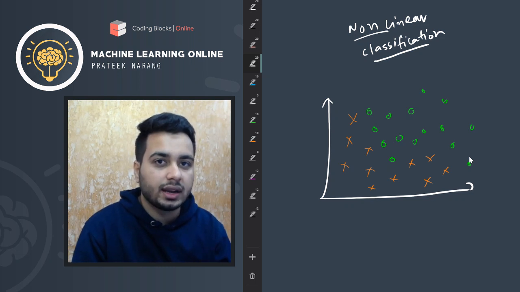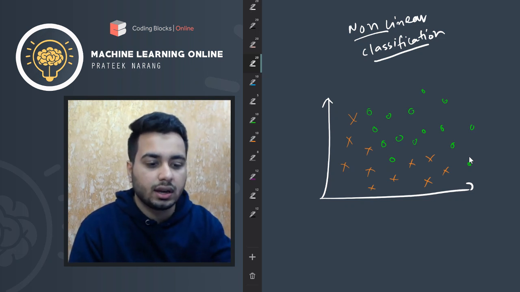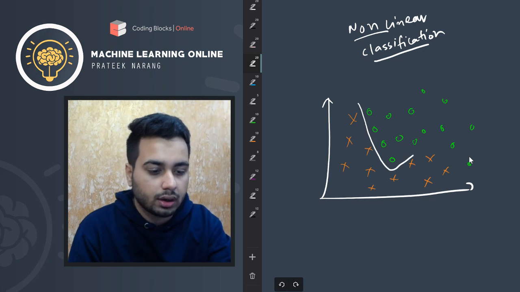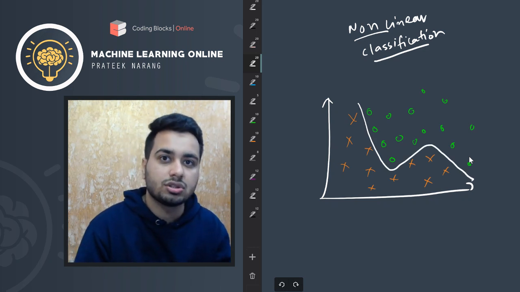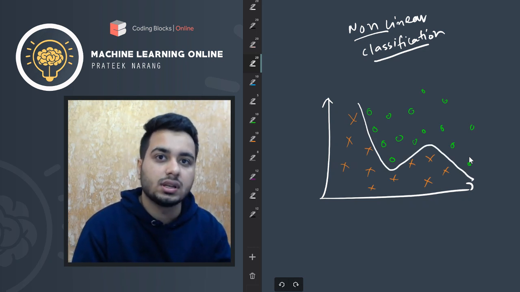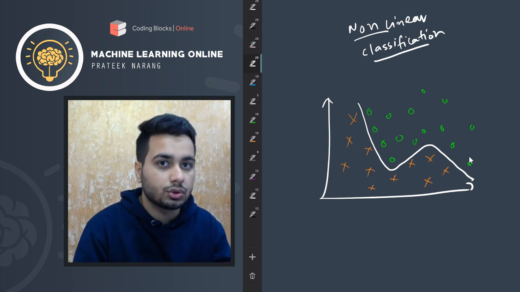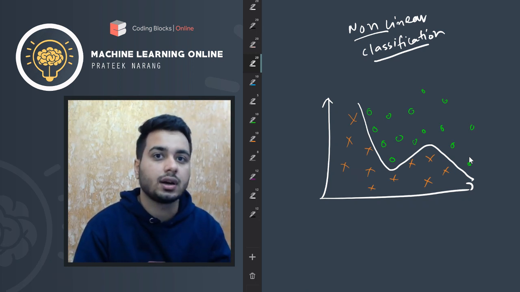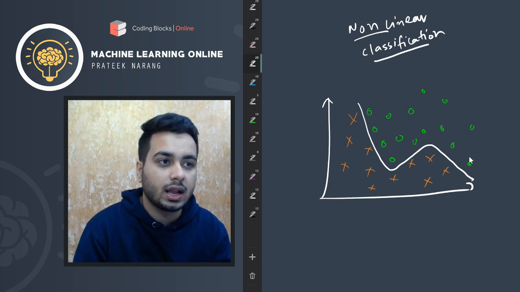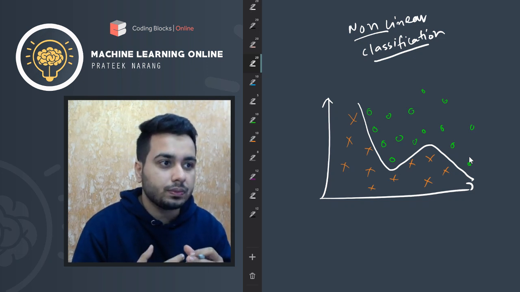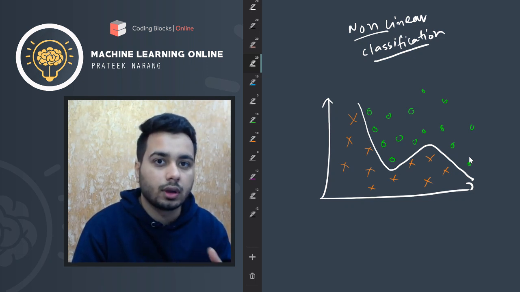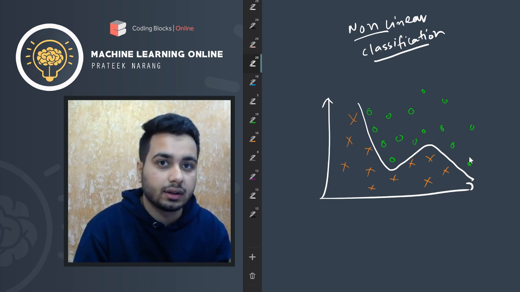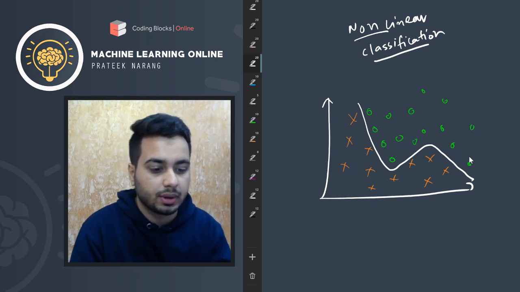So the key idea used in machine learning is that you project your data into some higher dimension so that it becomes linearly separable. I'm going to show you how projecting data to a higher dimension helps you make a better classification on a non-linearly separable data set like this.